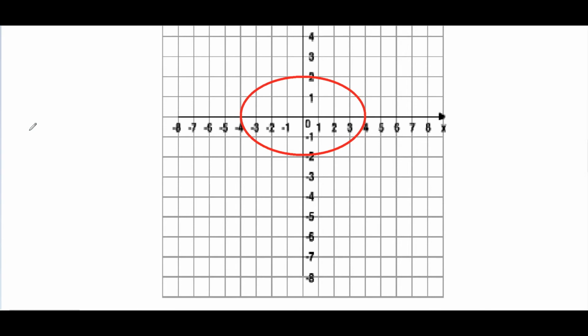Okay, here's a nice one with number 6. The x values, as you can see, are being enclosed by this ellipse here at -4 over to +4. That's an easy one. It's going to be a bracket and -4, comma, +4, and a closed bracket.